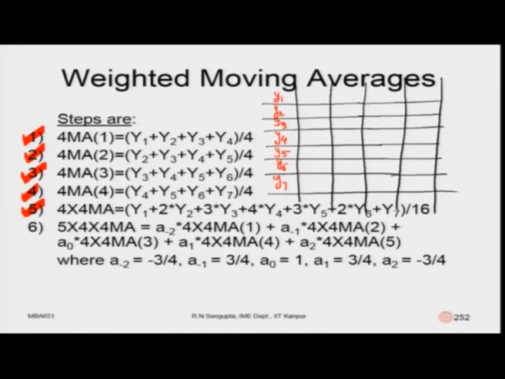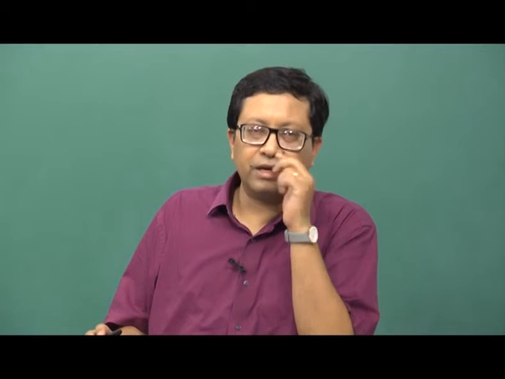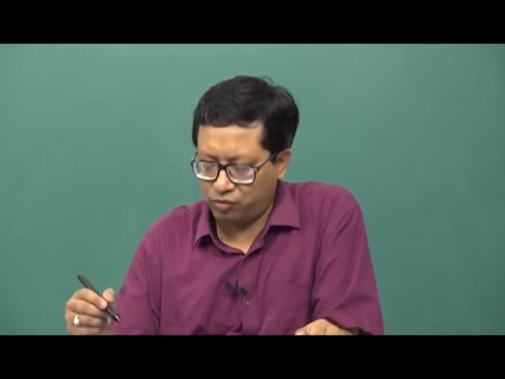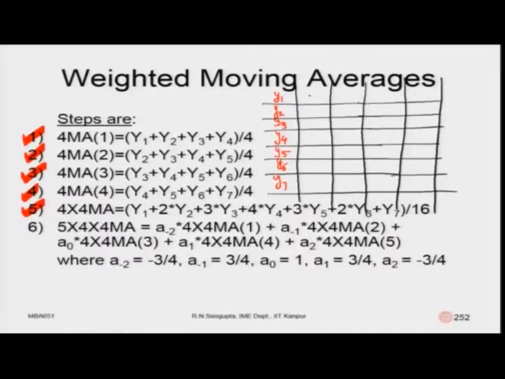Now, what does 4MA1 mean? 4 means 4 months taken, for 4 time periods taken, MA means moving average, 1 means for the first instant. So, what I do is that I take the first one with 1/4 weight, because I am taking 4.